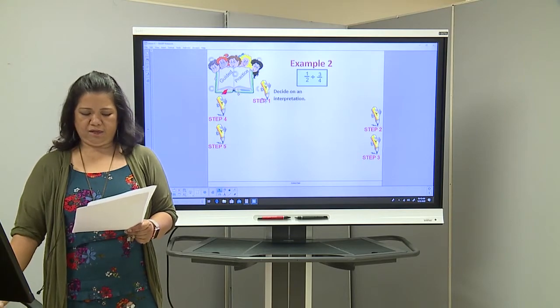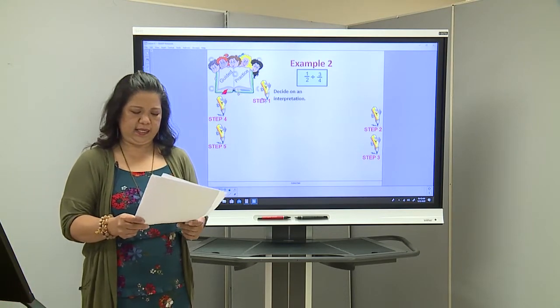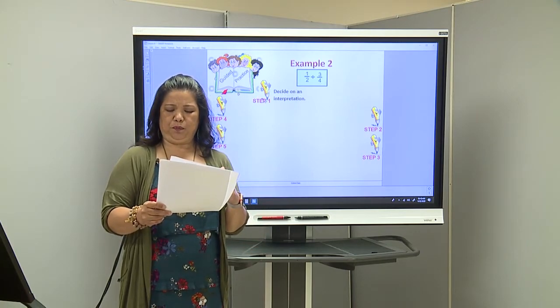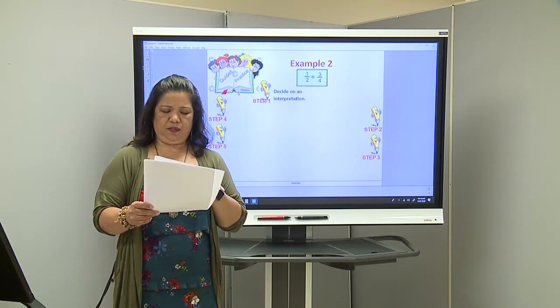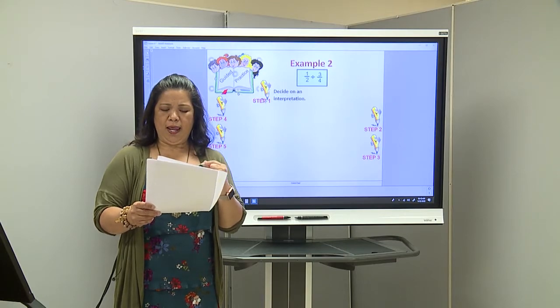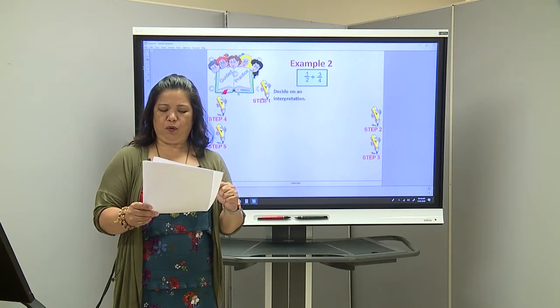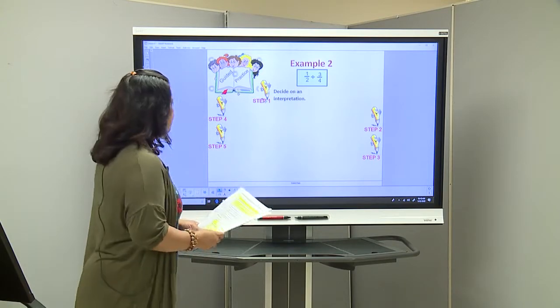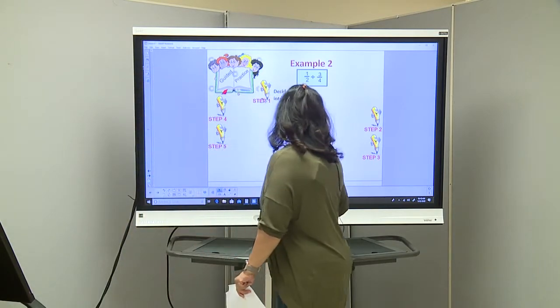Now here, 1/2 divided by 3/4, it's asking for 3/4 to be the number of groups. So I'm asking myself, 1/2 is 3/4 of what number? 1/2 is 3/4 of one number.